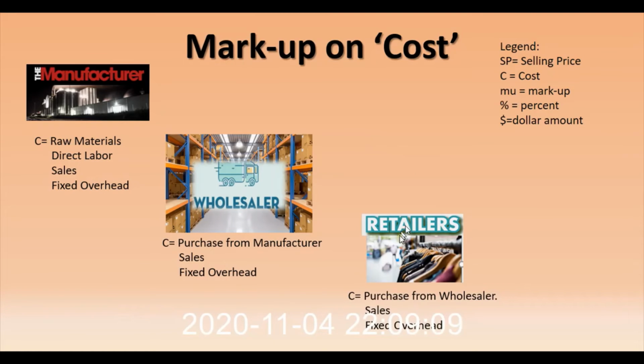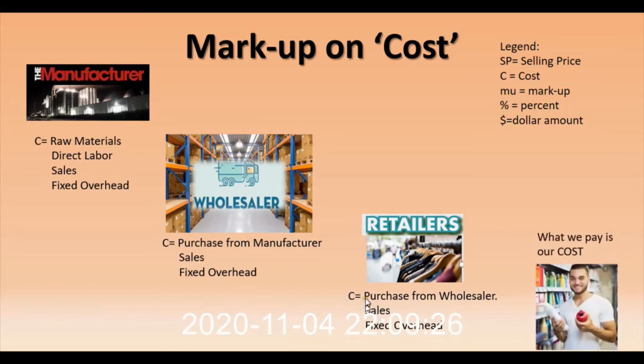And then finally, the retailers, they've got the cost of what they spent to buy from the wholesaler. Okay? Then they add their sales force and all their fixed overhead, so that when they sell to us, the end user, they may still have a percentage markup on cost to get to us. And of course, our cost is what we pay for.